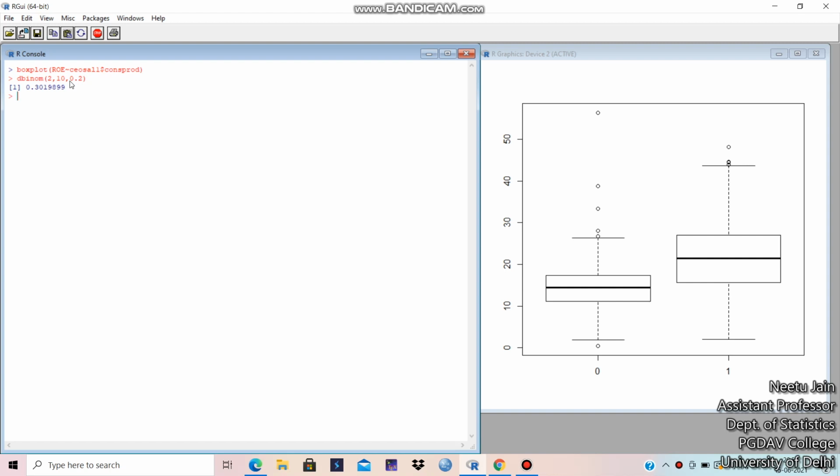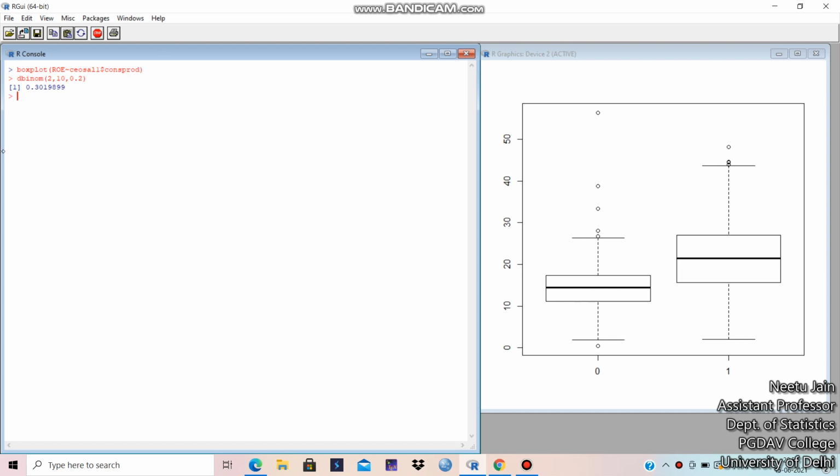This is basically probability x is equal to 2, which is 10C2, p is 0.2, p raised to the power x, and 1 minus p, that is 0.8, q, probability of failure, raised to the power n minus x, that is 8.